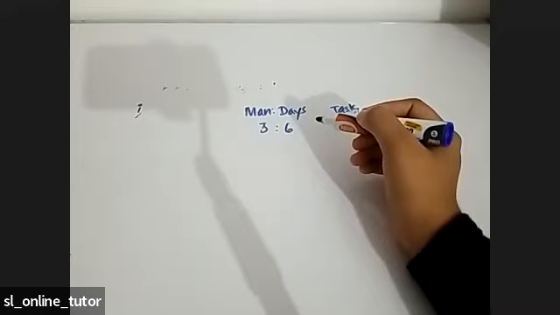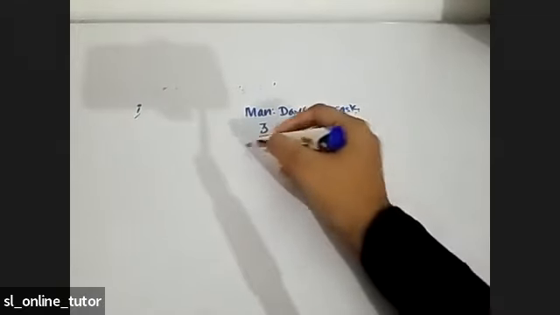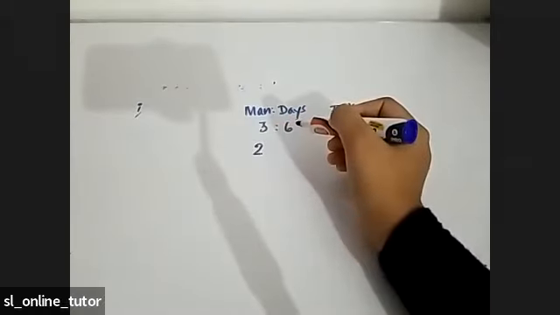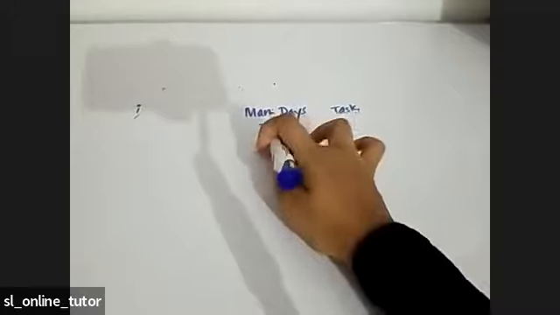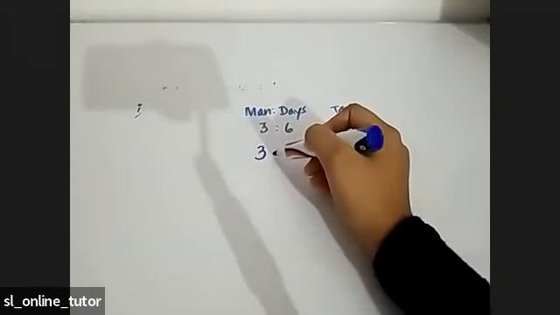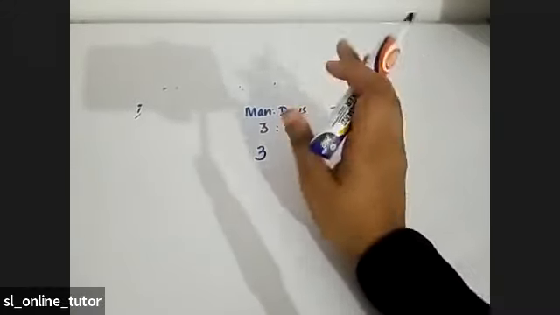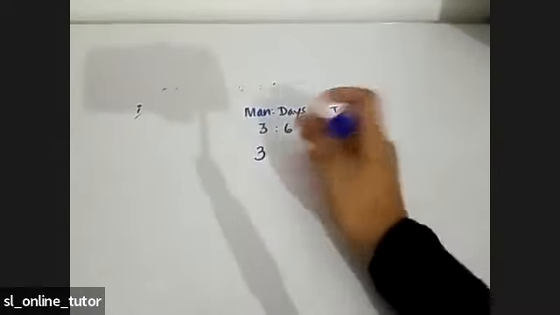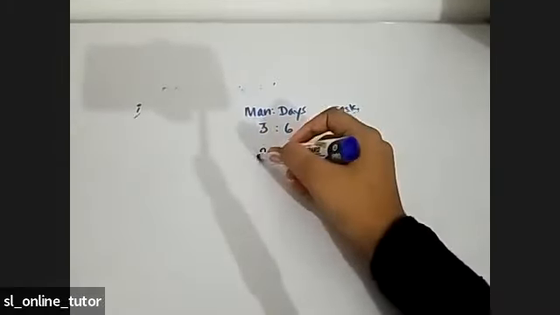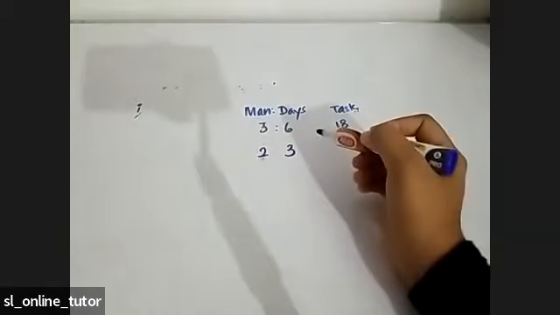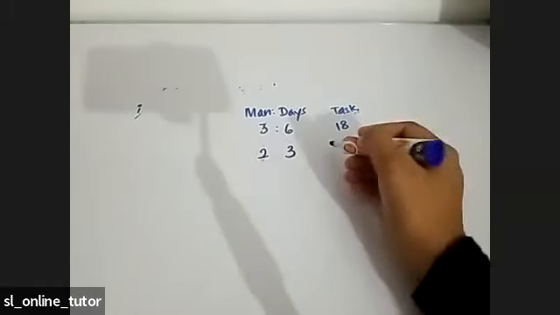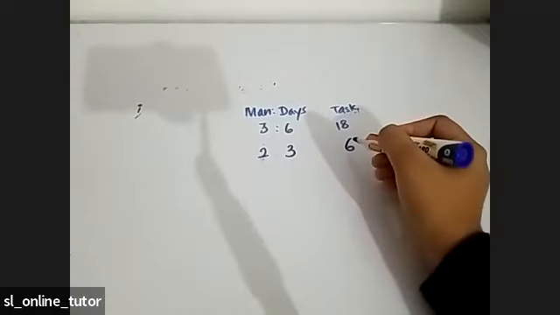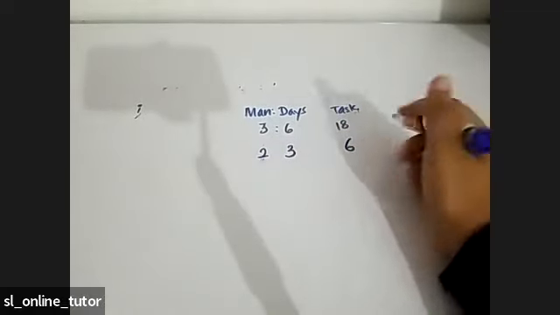If exactly one of them was absent from work, 3 minus 1 means 2, on the first 3 days. That means only 2 people worked in the first 3 days. 6 of the task is completed.